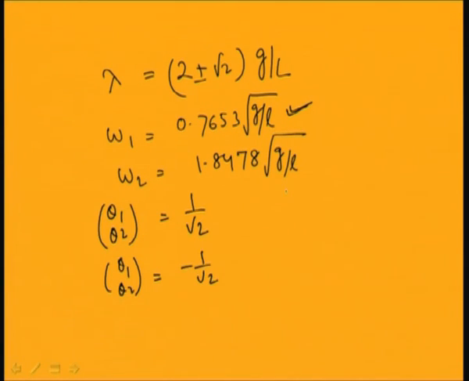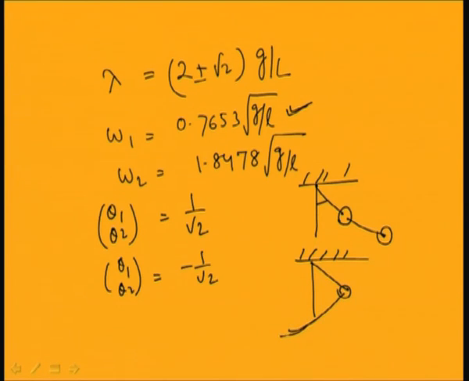So in the first case both masses are moving in the same direction. When theta 1 rotates through an angle 1, the other will rotate root 2. In the second case, when theta 1 rotates through an angle, the other will rotate in the opposite direction, that is minus root 2.